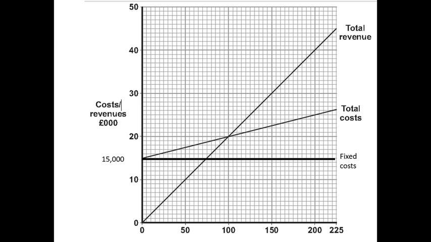I know that my new total cost line is going to originate here where the fixed costs line starts, and I'm just going to have a look at the variable costs when we've got 100 units sold and when we've got 200 units sold. I could do it with just one, but I just want to be on the safe side.